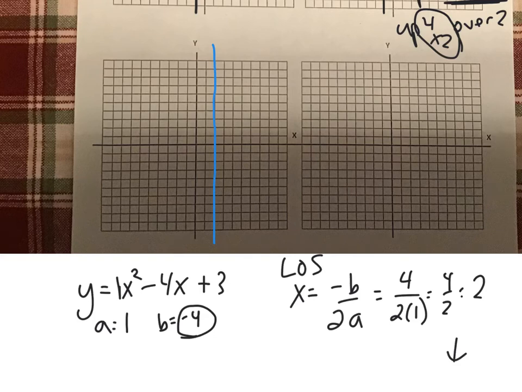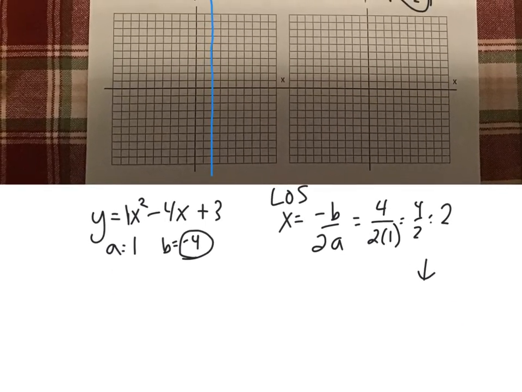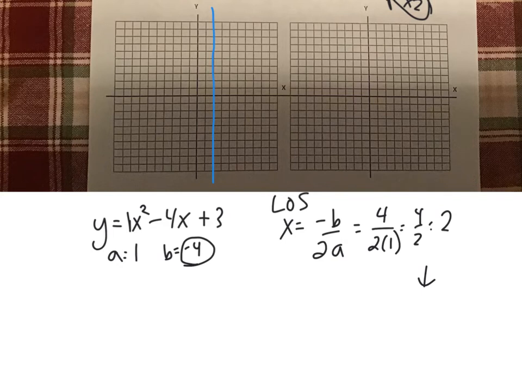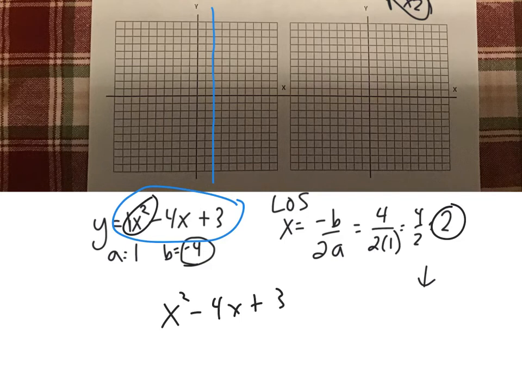Now how do I find my vertex? I plug that 2 into the original formula. I'm going to put that 2 in here. Okay, so I'm going to go back to black here. So this 2 is going in this spot. So I got x squared minus 4x plus 3. I got 2 squared, there's my 2, minus 4 times 2 plus 3.